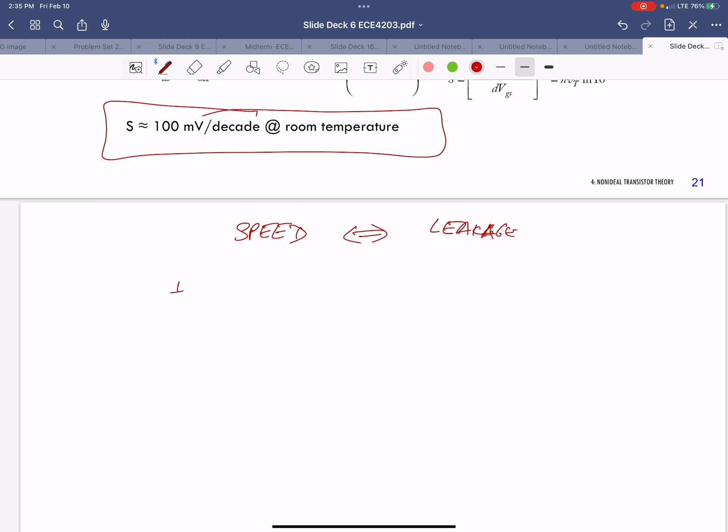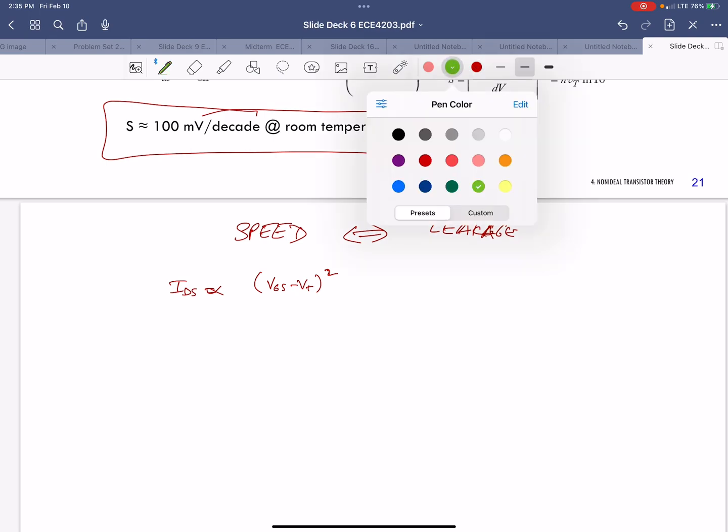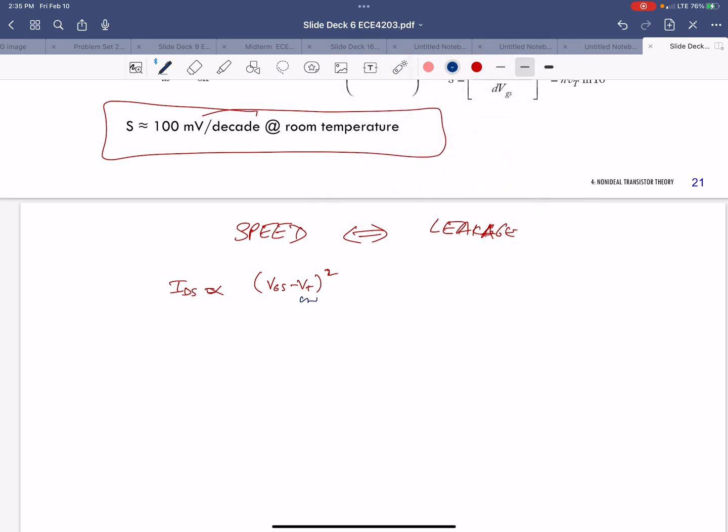So if I just look at the saturation current, it's dependent on VGS minus VT squared. We just talked about that to first order. So for a large on current, it's really powerful to have a low VT.